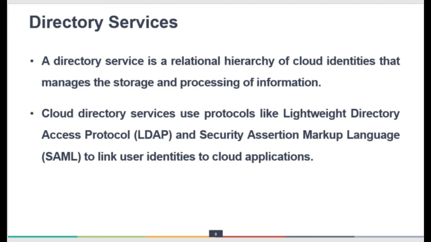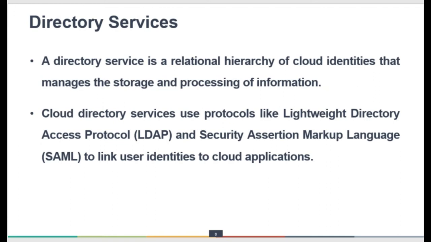Major CSPs, the cloud service providers, now offer cloud native directory services, many of which can integrate with the customer's existing on-prem directory services, for example Active Directory.